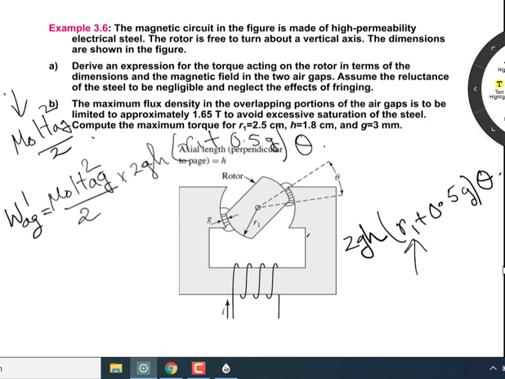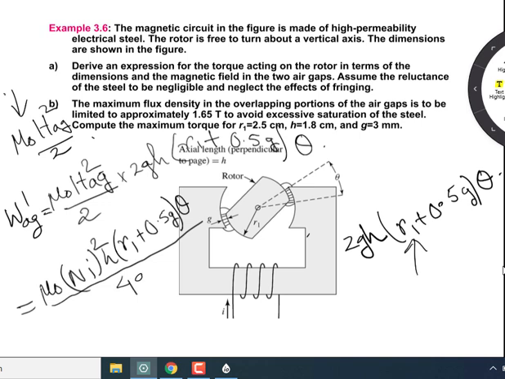So if you form that, then what you will be getting is an expression: mu 0 N I whole square H (R1 plus 0.5 G theta) divided by 4G, right? Sorry, here I had missed this 2G.